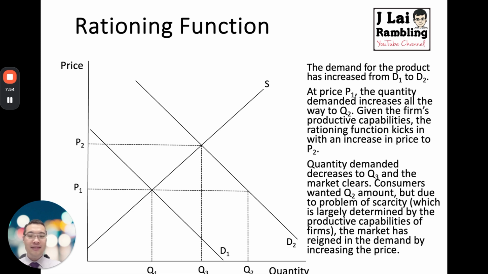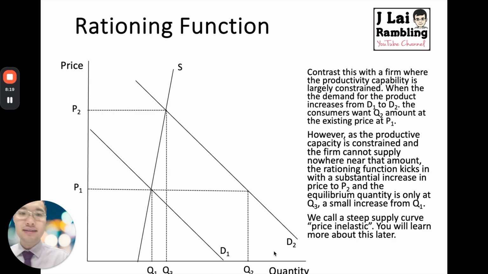Therefore, can you see there's this direction of the arrows here? You want Q2? Sorry, you can't, but you may have Q3. Therefore, the quantity supplied has increased all the way to Q3, but not Q2 as the consumers wanted at the existing price P1.